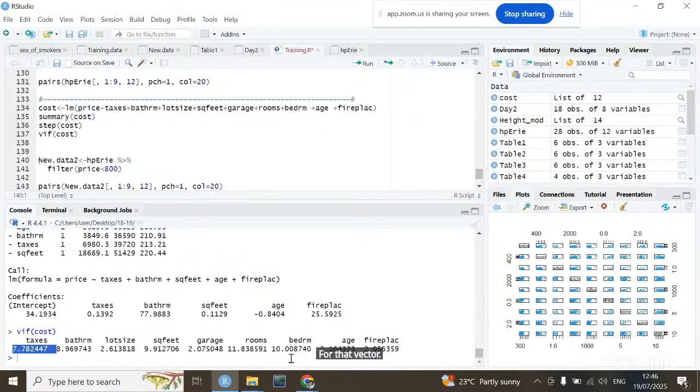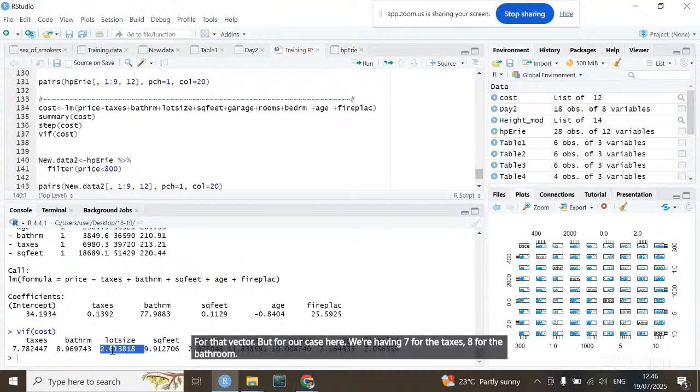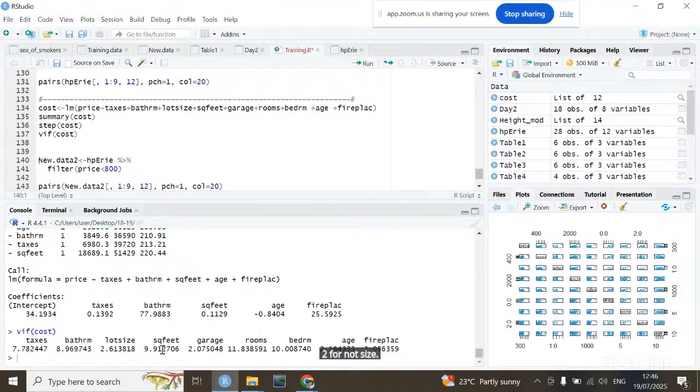But for our case here, we are having 7 for the taxes, 8 for the bathroom, 2 for lot size. The square feet is 9. So for the room is 11 and bedroom is 10.